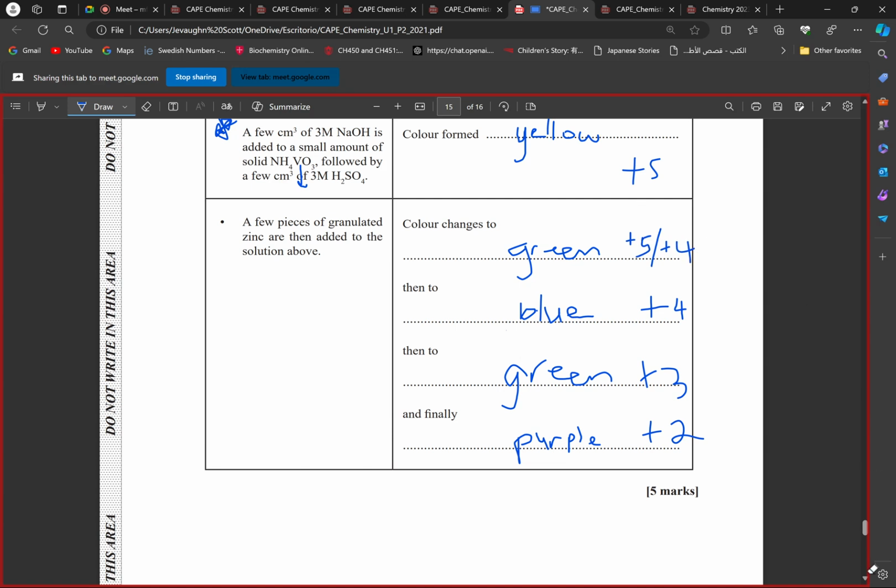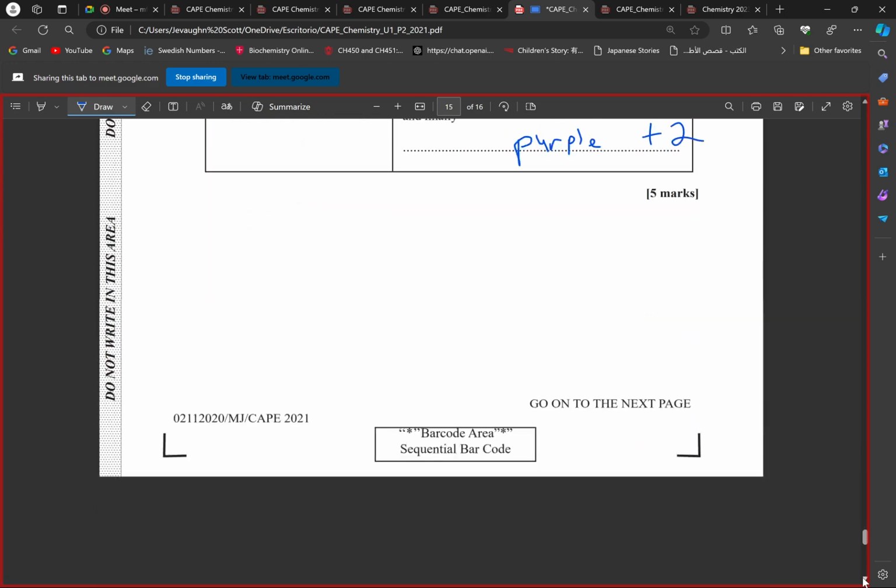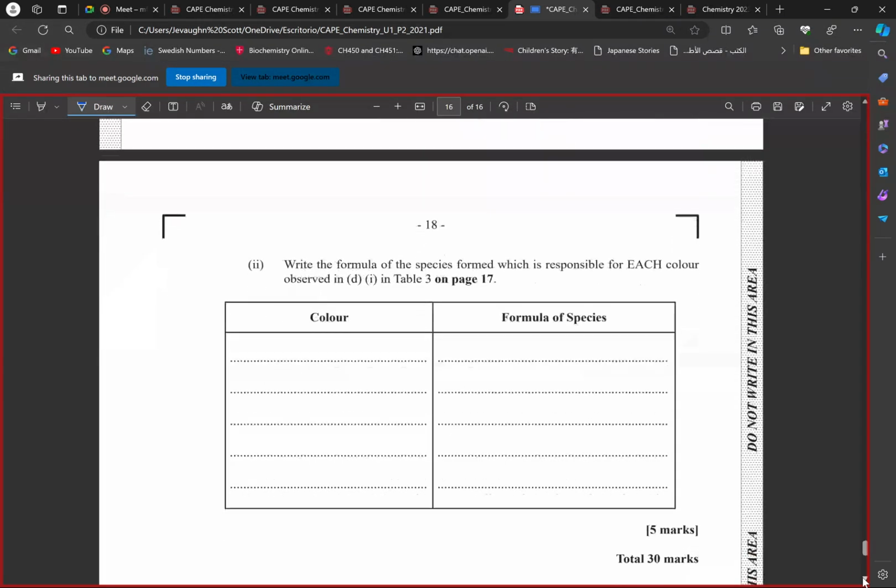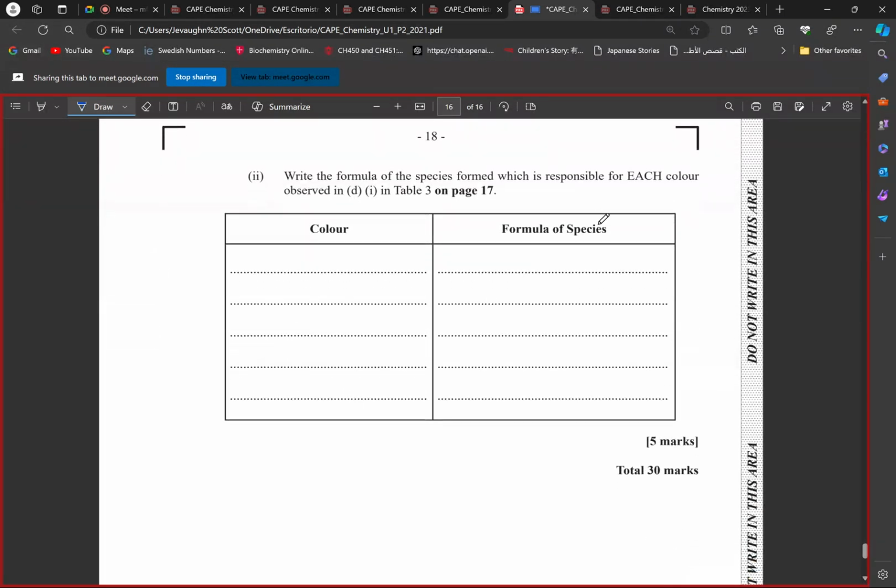All right. All that's really asked of us down here is really just to state the color and formula of the species. All right, so Jordan has that there.